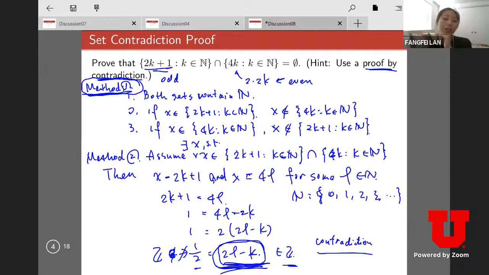I think that would be fine too. I don't know. It's a little weird, honestly. From my perspective, that doesn't sound like a proof by contradiction. I don't know why.